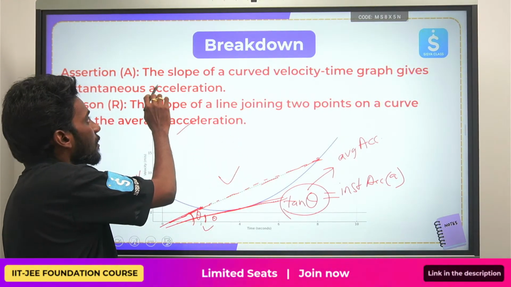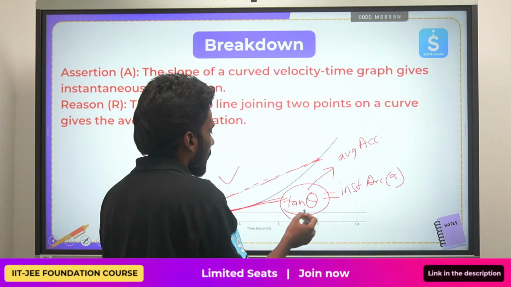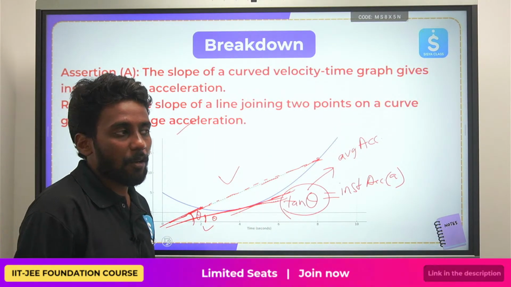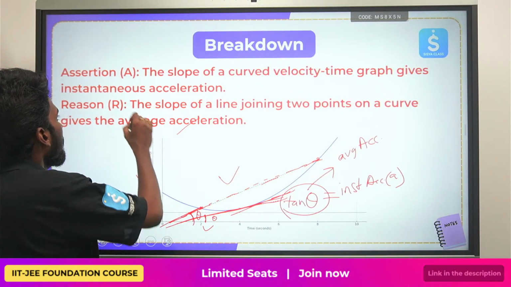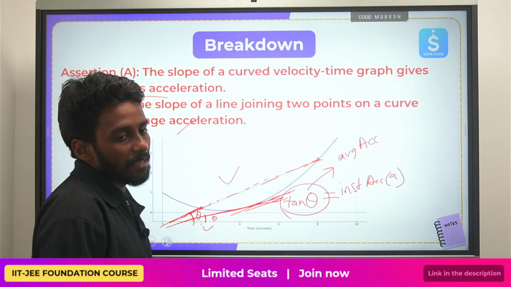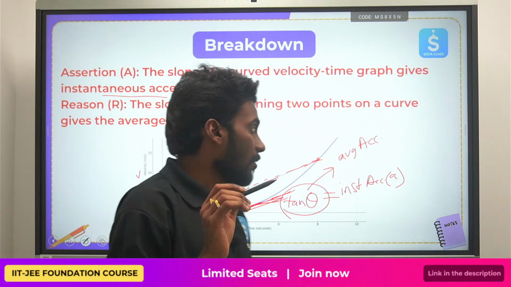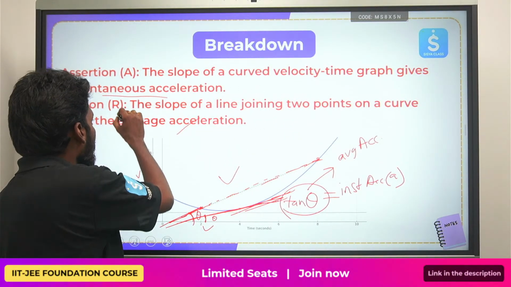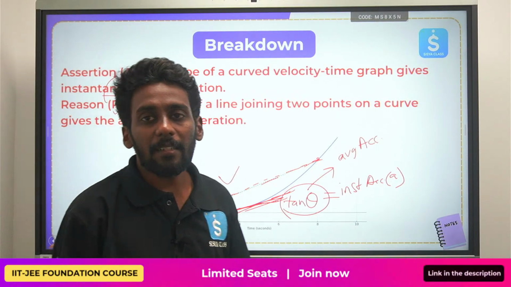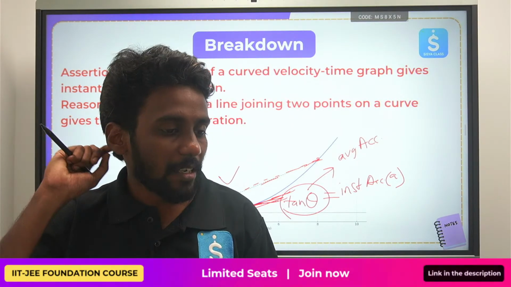What about the first statement? The slope of a curved velocity time graph. Here the slope means the slope of the tangent of a curved velocity time graph gives instantaneous acceleration. So this is also right. Both assertion and reason are true. And what about the reason? Is it rightly explaining the assertion? Are you thinking that there is a relationship between the assertion and reason here?